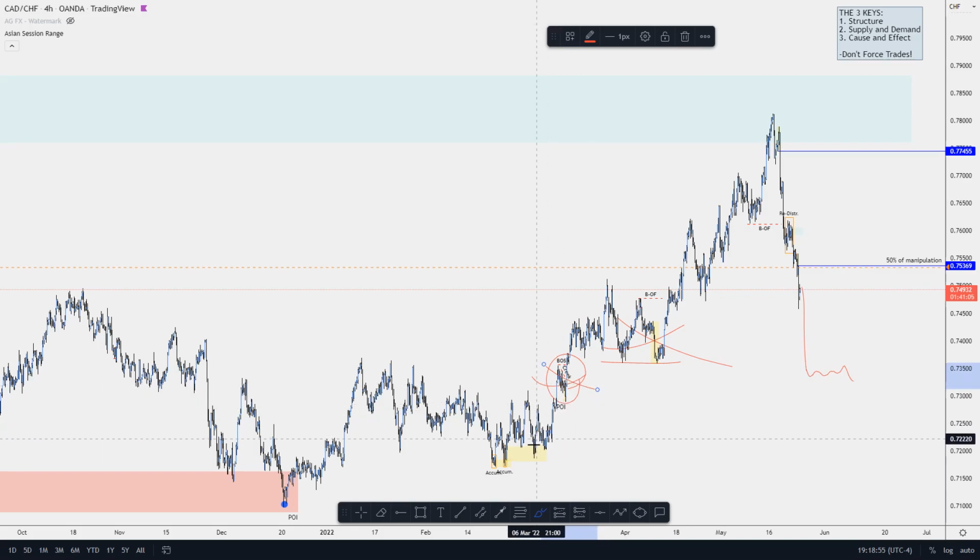Now, as the market was in a buyer's market, you could consider this a valid area to buy from. But now that we have reached our higher time frame area and we've reached a strong supply, compared to this strong supply, this is a weak. All right, that is what you guys want to understand on this.